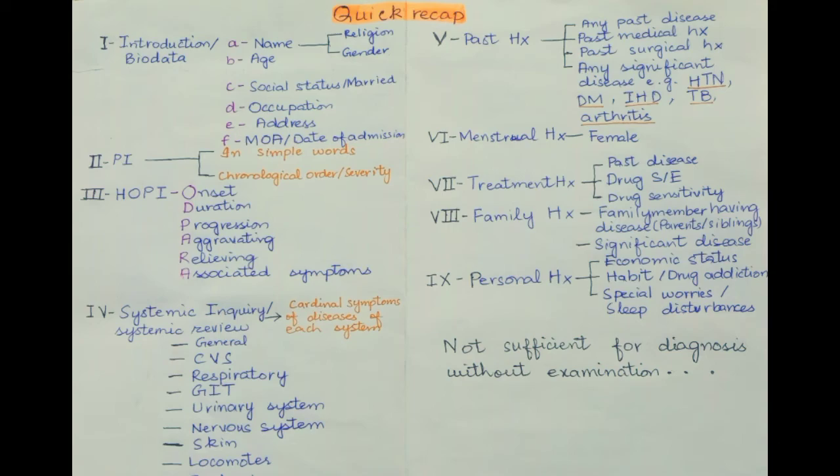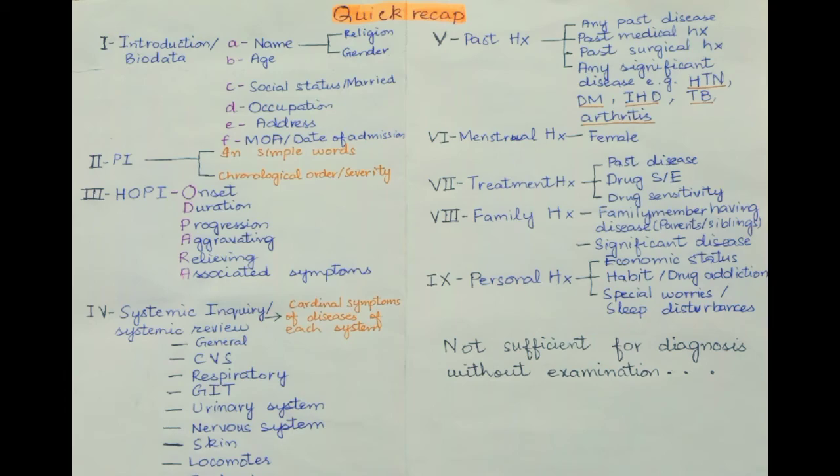Then we'll ask about the past history, about any past disease, past medical history, any condition which caused the patient to be admitted to the hospital, past surgical history which caused him or her to have any operation in the past, any significant disease including hypertension, diabetes, ischemic heart disease, TB, and arthritis.